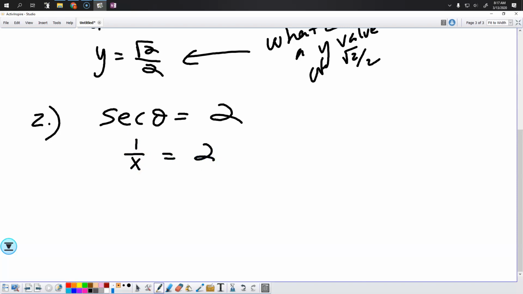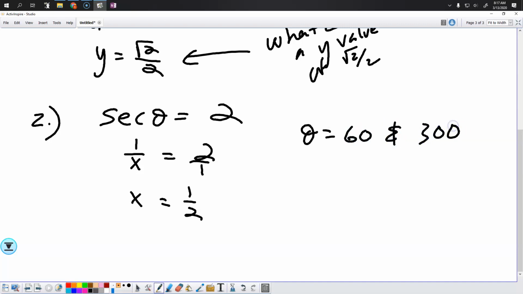And then what we're going to do is take the reciprocal of both sides. So what am I going to write now? Yes. And so what angle has an x value of a half? Good. 60 and another one, 300. I agree. And then the radians for that would be pi over 3 and 5 pi over 3.